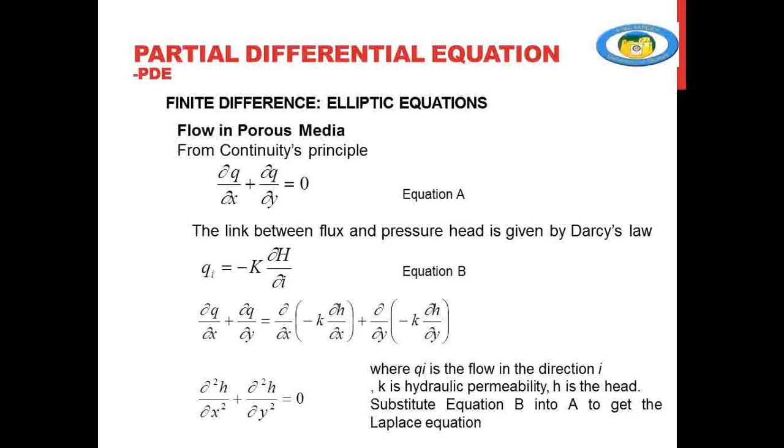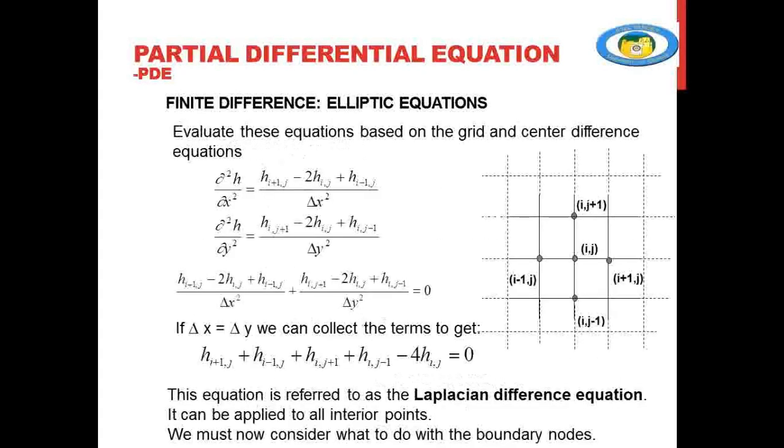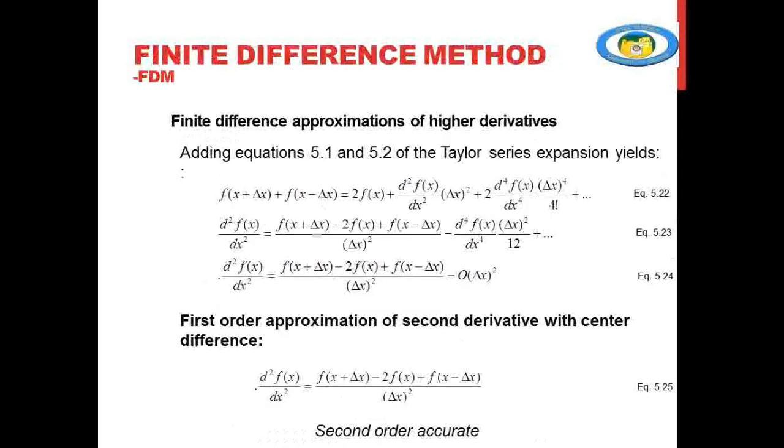Now you can evaluate using finite difference representation of each one of these second partial derivatives. You can easily represent this set of equations. We're talking about a first order approximation of the second derivative with center difference here.